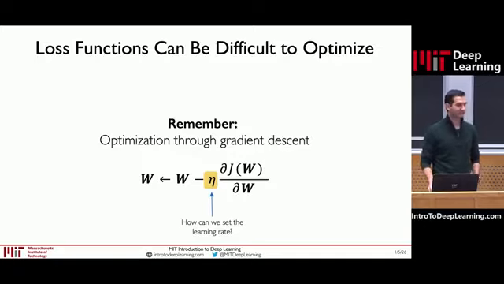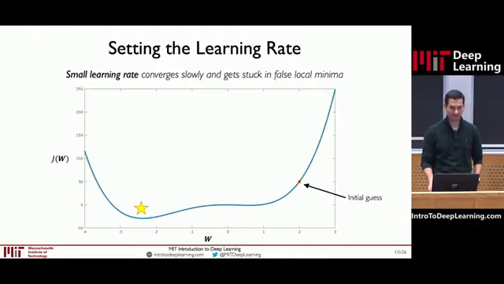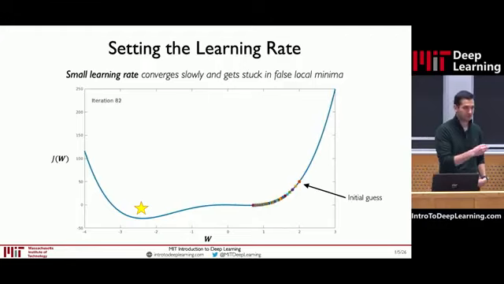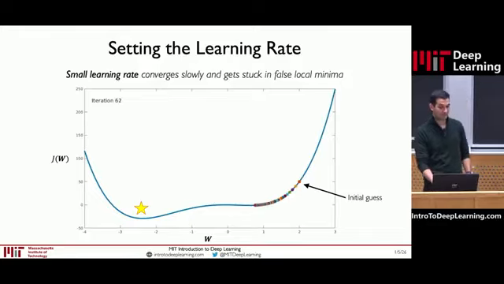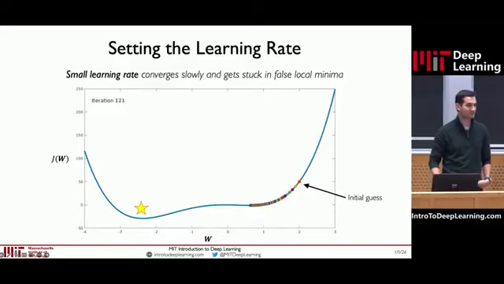In practice, setting this learning rate is just a number that you set. In practice, setting this number is also quite difficult, right? Because if you set something that is too small, then you actually never really reach some of the big minimums, right? This is a minimum, but the model gets stuck in it, even though it's not the biggest one, right?